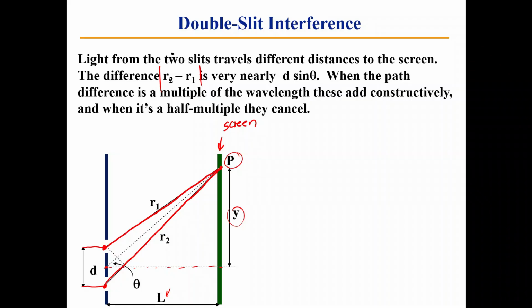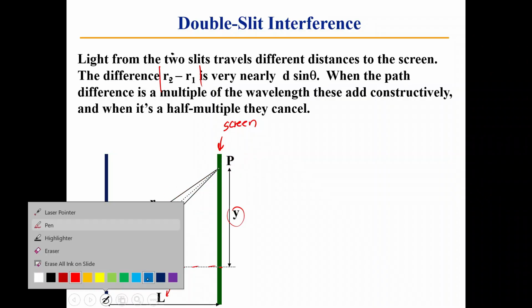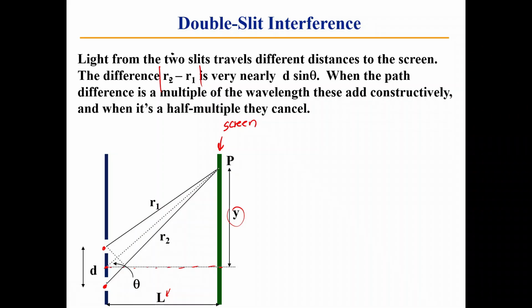So we could make a triangle that shows those differences in path lengths. If you make a perpendicular projection right there, this distance right here is our delta x, or delta r. I don't remember which way I have it on the formula sheet. It might be delta r. That's the difference in path lengths.